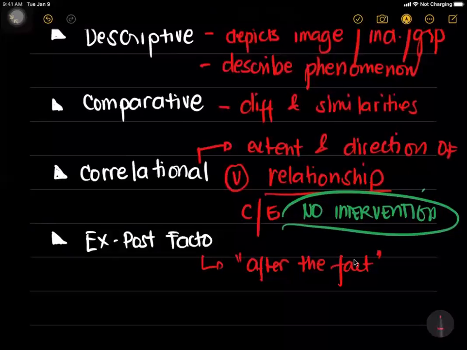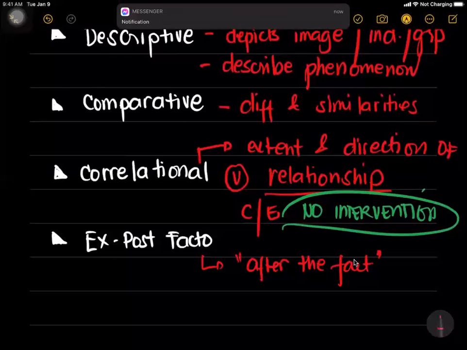So we are about to end our lesson. Just a few nuggets of the things that we have discussed. Research design is a strategy. That means it consists of different activities towards answering your research question until your data analysis at the end. Then we have two types, experimental and non-experimental.